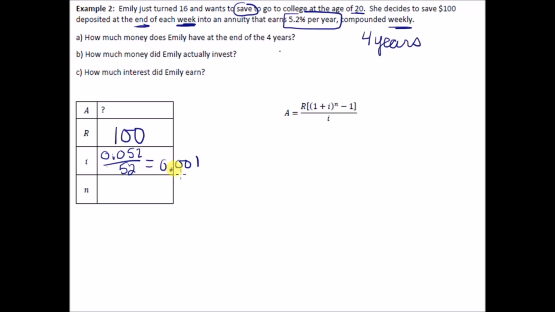Okay, so it's 0.001. And then she's going to save weekly for 4 years. So 4 years times 52 weeks a year. What do we get? $208.